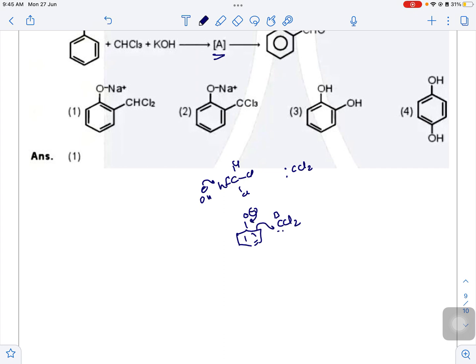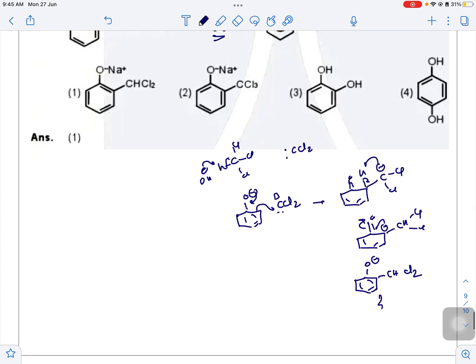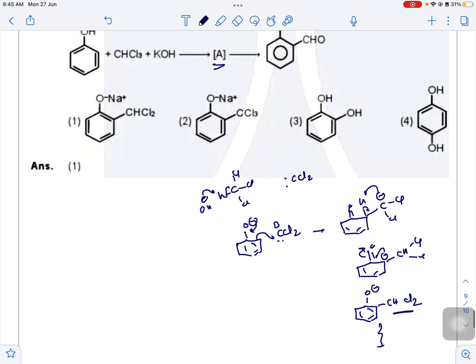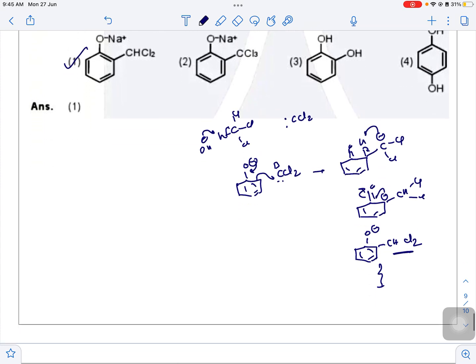Then CCl2 carbene attacks this, forming C=O, C-Cl2 with negative charge. Now this subtracts H+, forming C=O, CHCl2 minus, and we can write its resonance, forming CO minus, CHCl2. This compound on further hydrolysis changes to aldehyde. So the intermediate compound is this CHCl2 phenoxide.